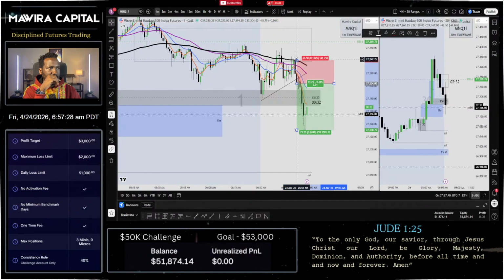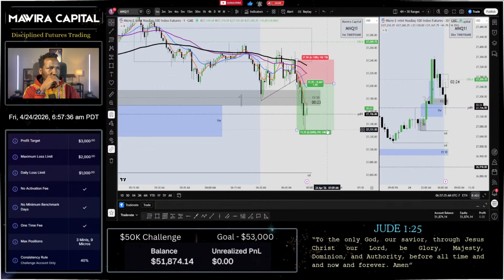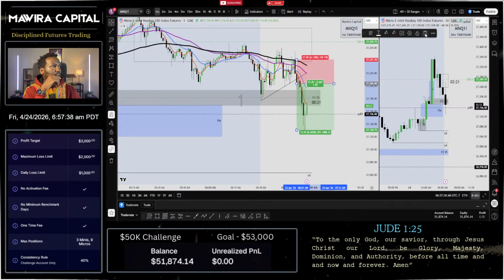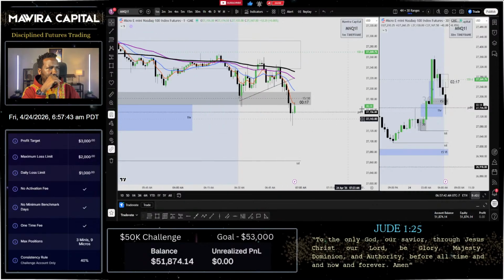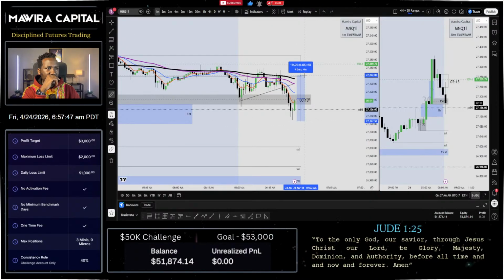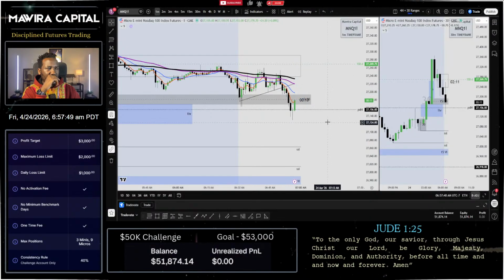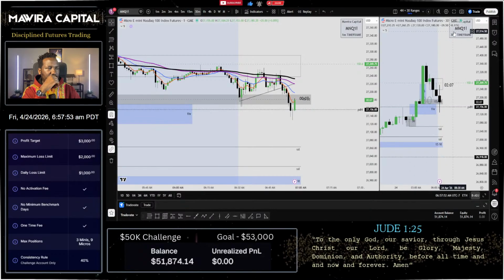But we both know me, I can't put it here. I'd rather put it right there. Why not though? It's kind of corrective there, so anyway. Yep, looking for that retracement, and then we can take this trade to the downside. I hope that was not a fake. Keep going up.